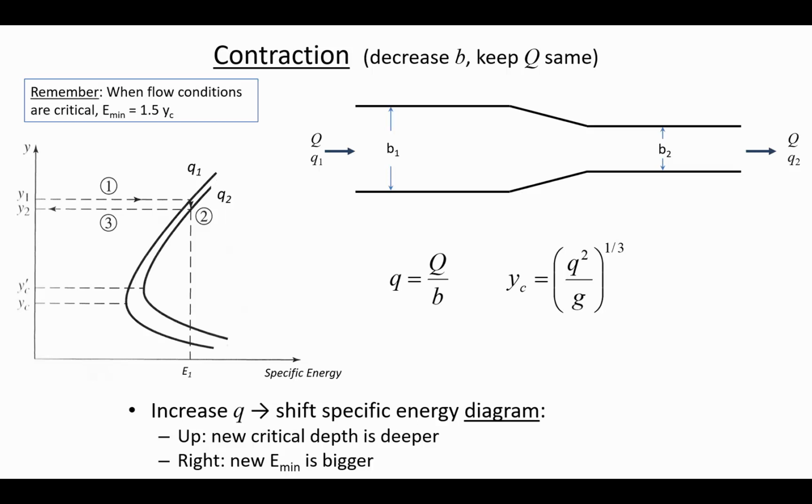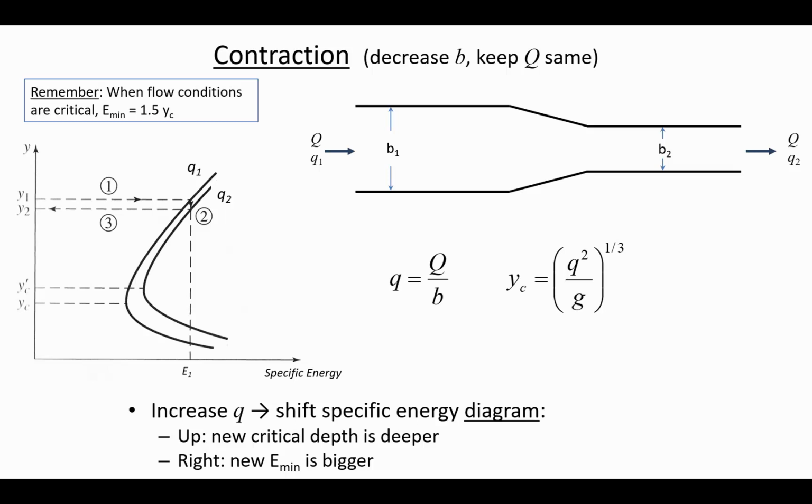And the shortcut that we have for a rectangular channel is that the minimum specific energy is 3/2 the critical depth. So up at the top left side of the screen where it says remember, it's just a shortcut that you can keep in mind: when the conditions are critical, the depth is 2/3 of the specific energy and the velocity head is 1/3 of the available specific energy.